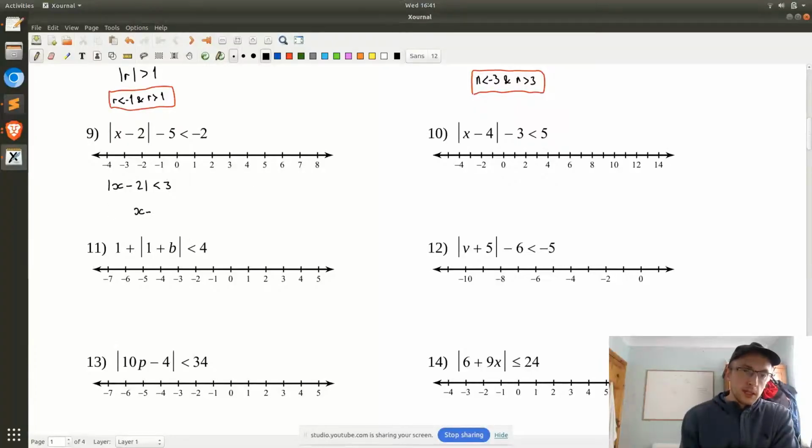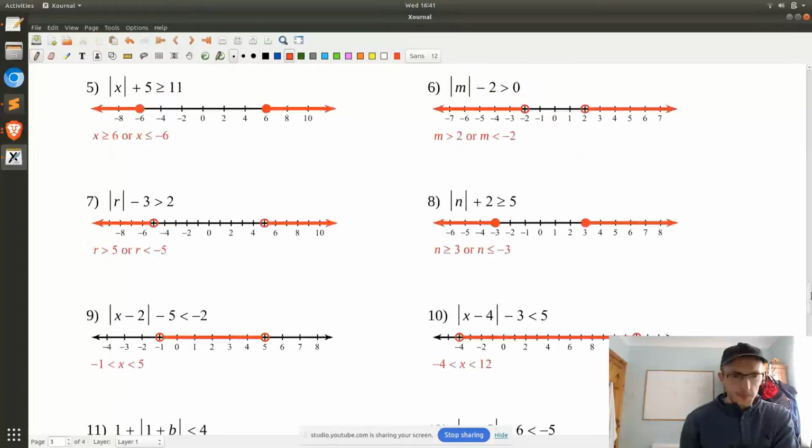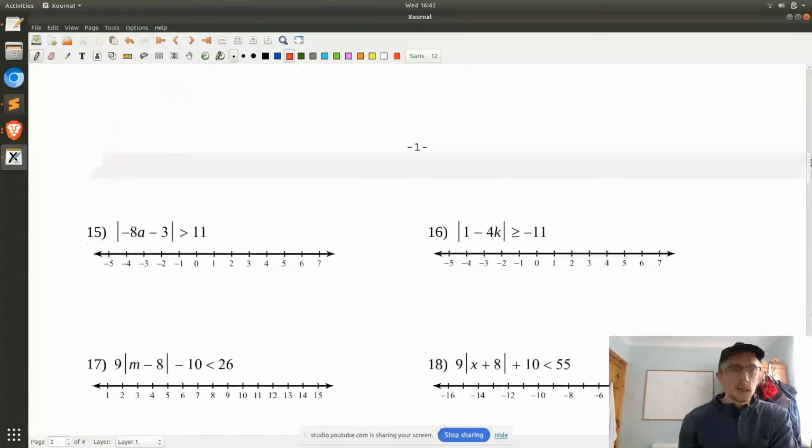So x take 2 is trapped between 3 and minus 3. So x is between negative 1 and 5 exclusive. Okay, we're back on track. Not so bad.